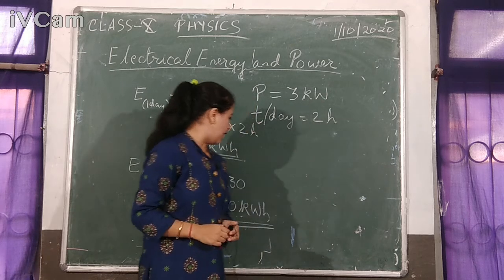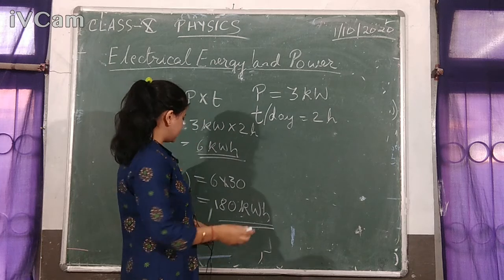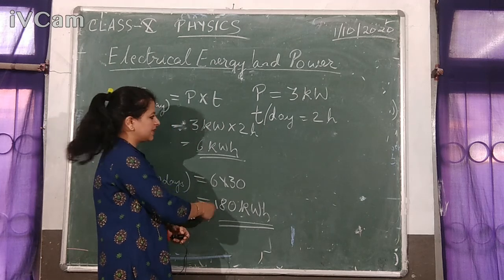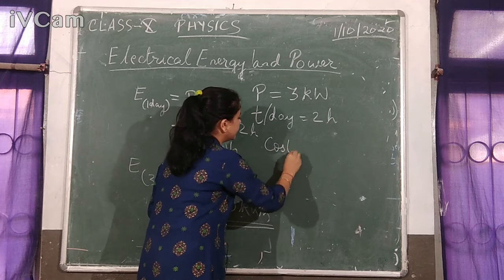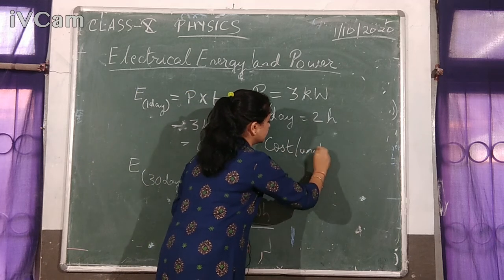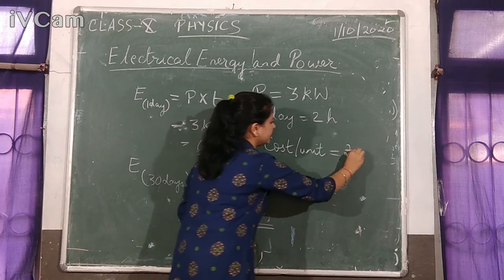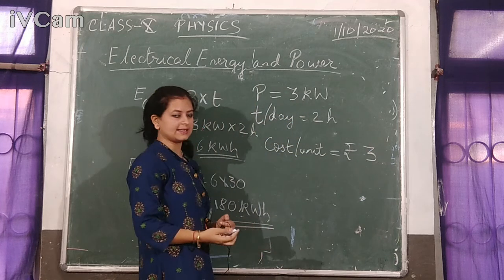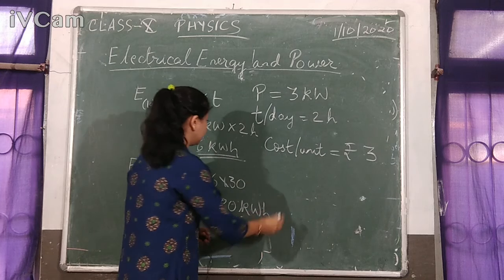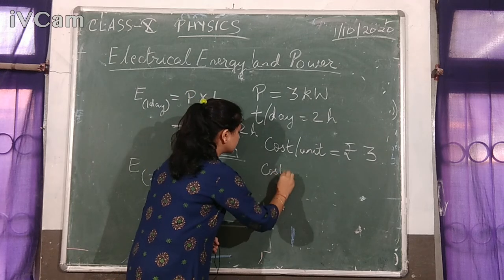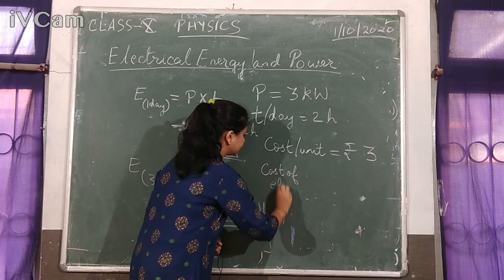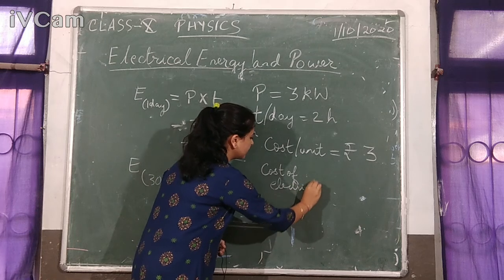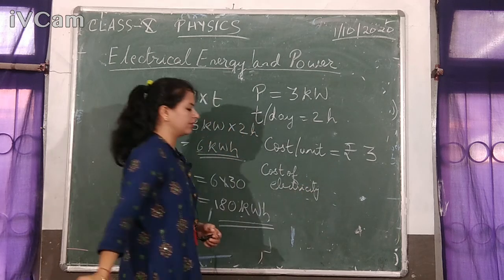Now, this is just the electrical energy consumed. If the cost per unit is, say, rupees 3, though it is quite low, but I'll just take it as an example, then what will be the cost of electricity for this particular electric oven for a month?